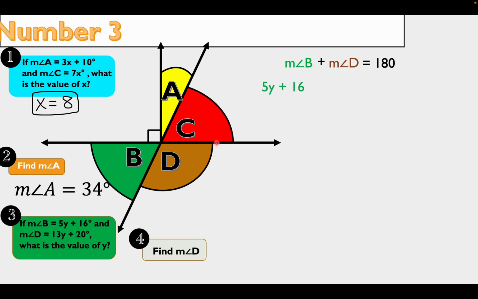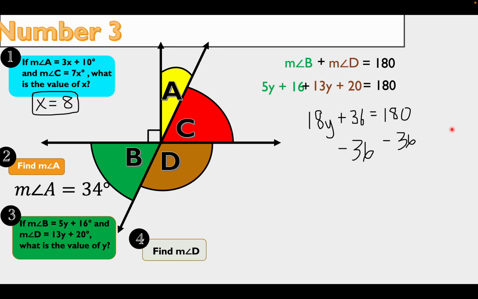So let's replace. Angle B was 5y plus 16. We're going to add it together with angle D, which is 13y plus 20, and set it equal to 180 degrees. Now we can combine our like terms. Our 5y and 13y, add our 16 and our 20, and we'd be left with 18y plus 36 equals 180. Get y by itself by subtracting 36 on both sides.